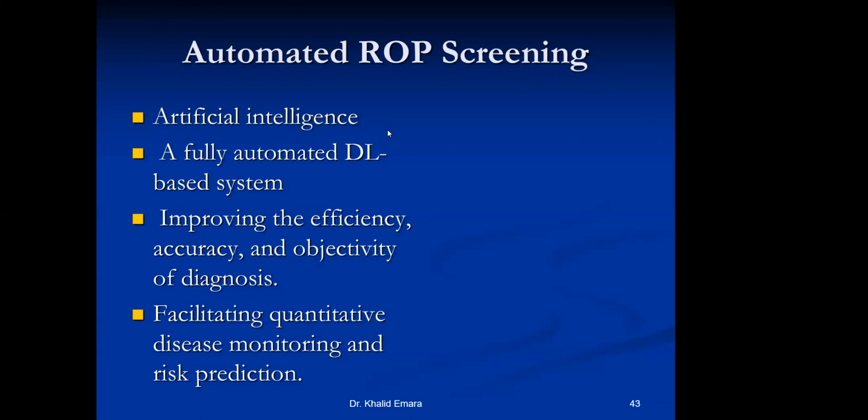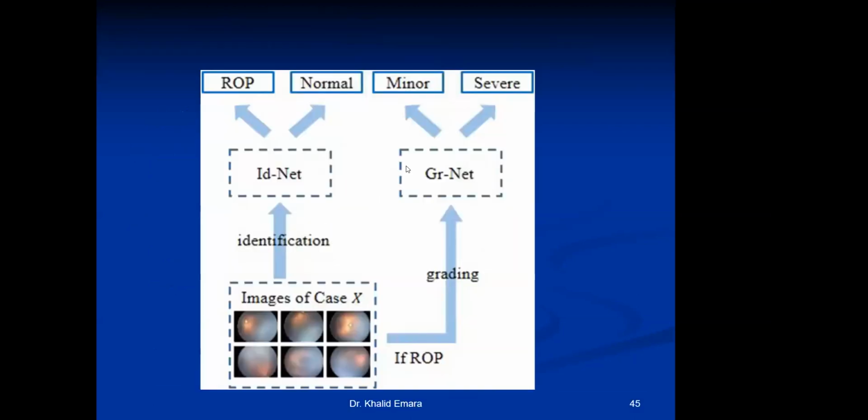And still, a lot of effort needs to be done in order to improve the care of premature babies in the ICU, and this will also reduce the frequency and the intensity of it. Okay, thank you very much. I'm done for now, and we can start the discussion if you like.